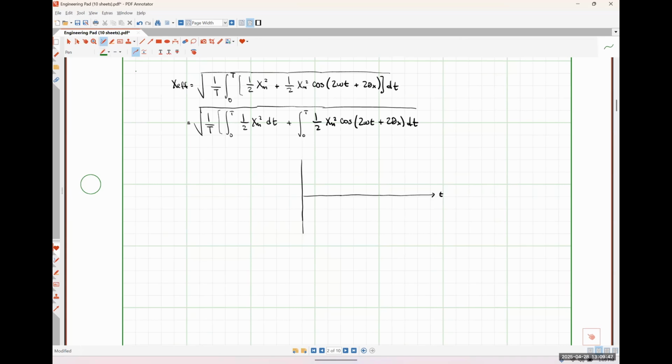So let's say that I have a sinusoidally oscillating signal. I'm just going to assume that my total phase angle is going to be 0, because I'm bad enough at drawing sinusoidal functions that I don't want to make it any harder on myself than I need to. So let's say that we have something like this.